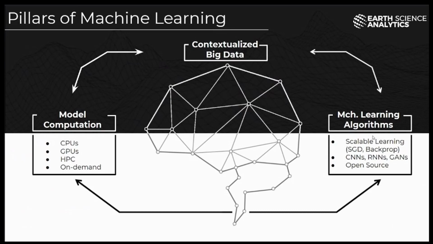The two other pillars are, of course, big data, that allows you to train robust generalizing models, and the machine learning algorithms themselves, which are openly accessible through publications and GitHub and other sources. It's easy to get hold of code that you can adopt to specific use cases.